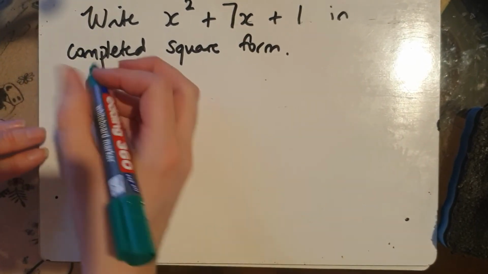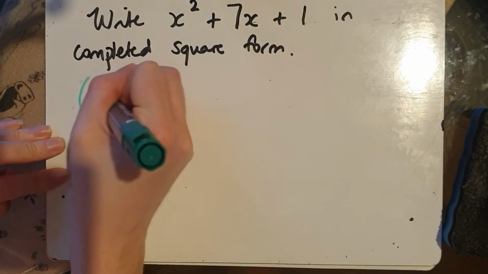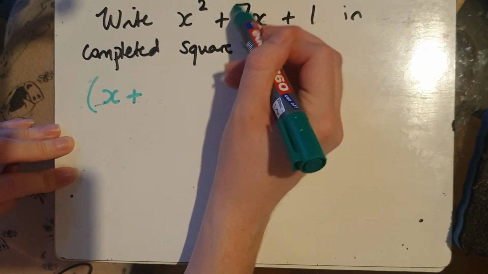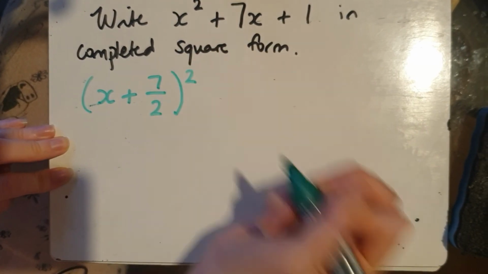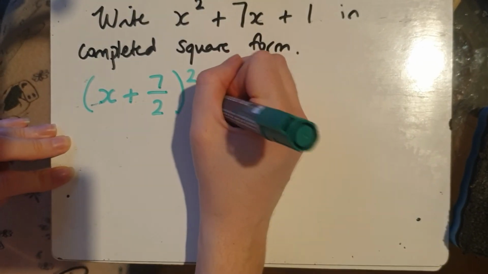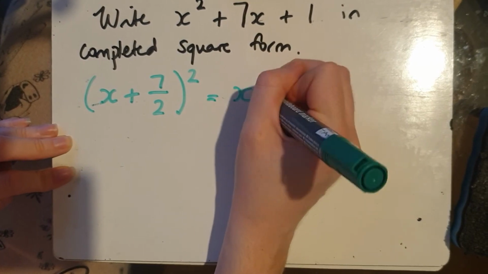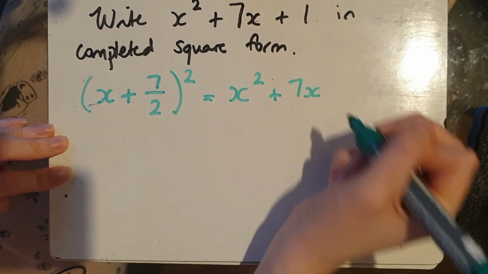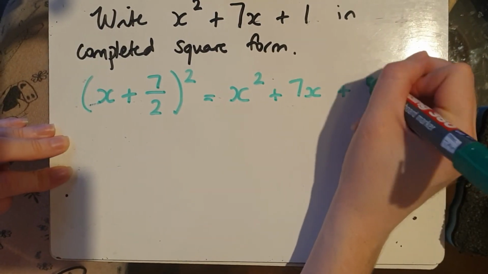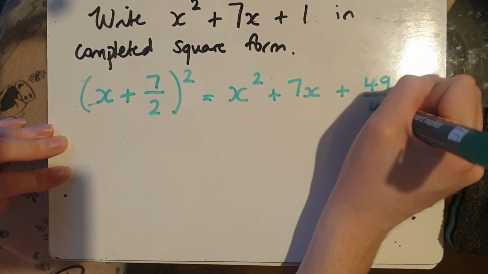And again, we do x plus, and then whatever this is, divided by 2, all squared. That's going to give me x squared plus 7x, and then plus 49 over 4.